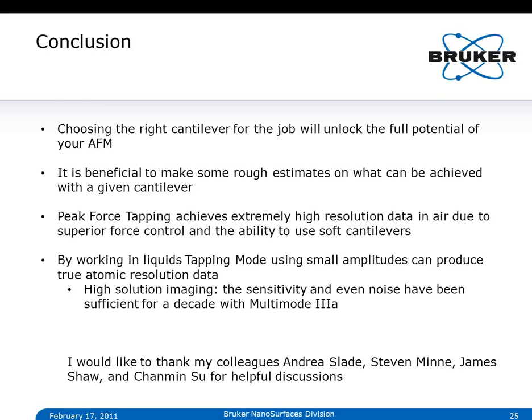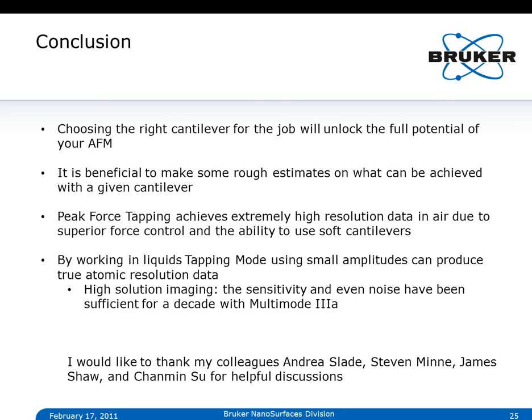Well, in ultimate force control, there are two things, and I think there's a common mistake that we make when we simply compare the probes. The trick is that these modes are completely different. First off, you can use a stiff probe in peak force tapping.